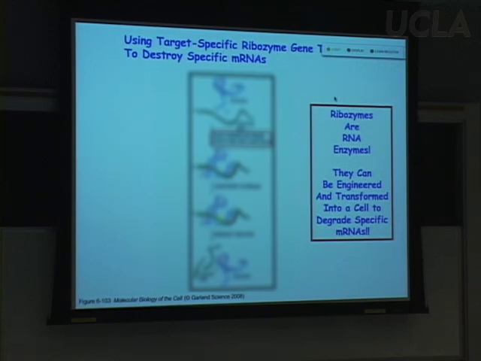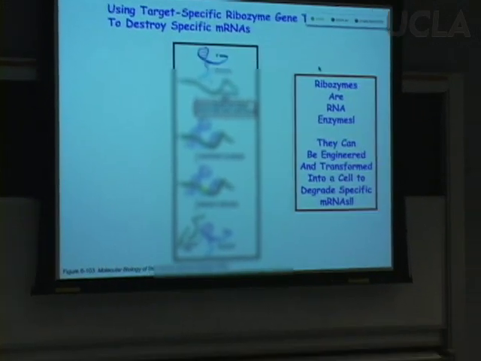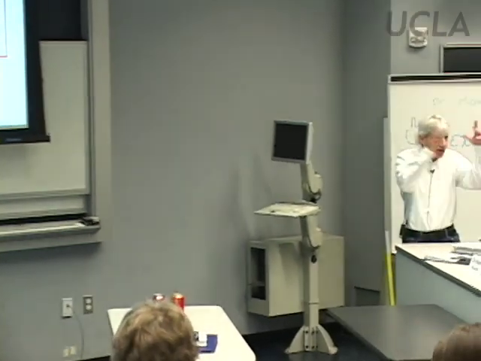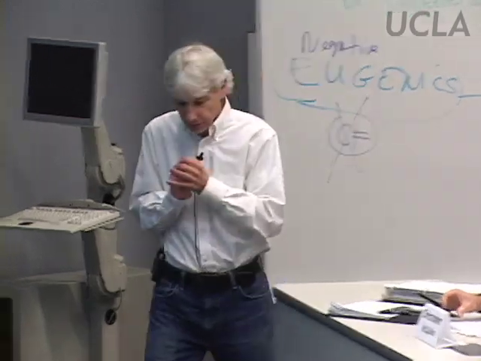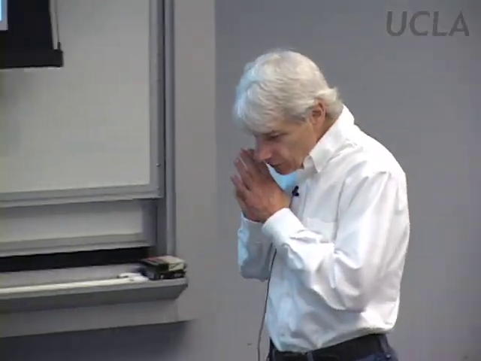Okay, the last thing I want to talk about are these things called ribozymes. This is a different system. This is using an RNA as an enzyme. There are some RNAs in cells that can function as enzymes. And this is why people thought that we evolved from primitive RNAs way back, billions of years ago. RNAs can have a property of being catalytic.